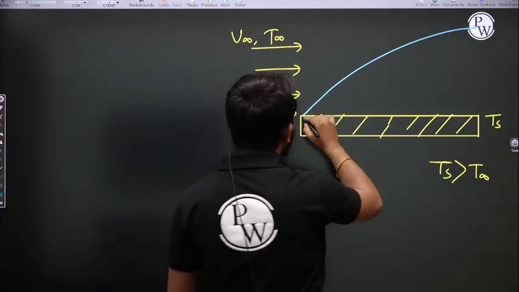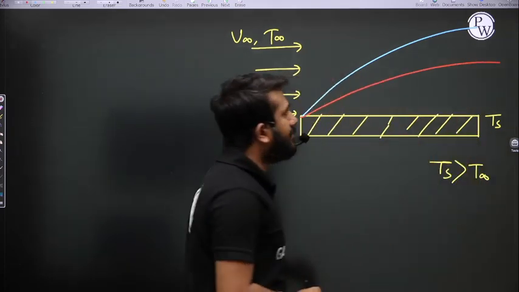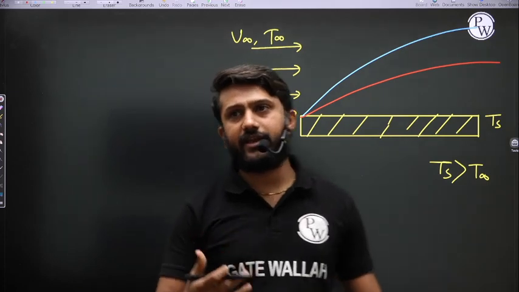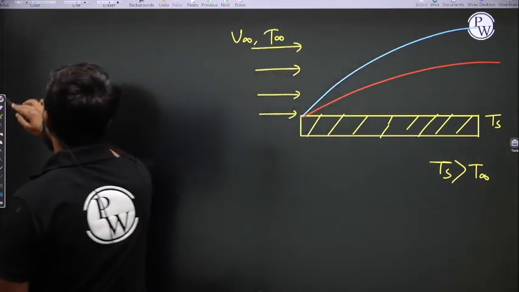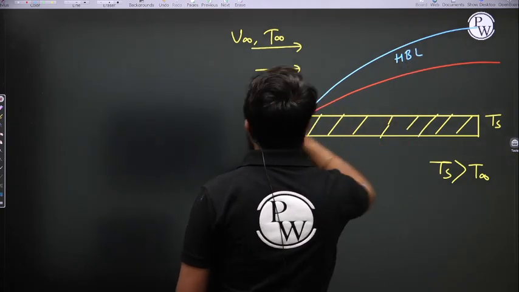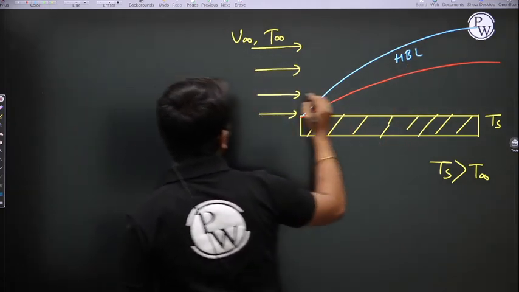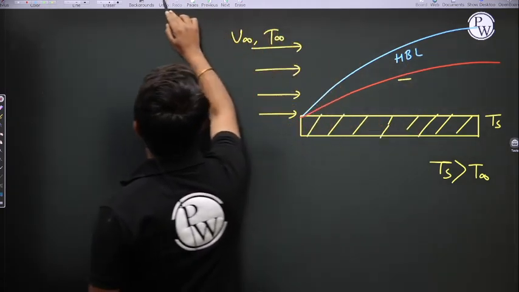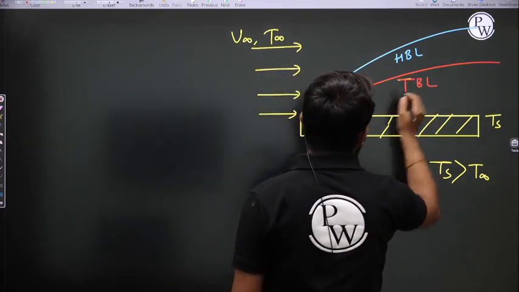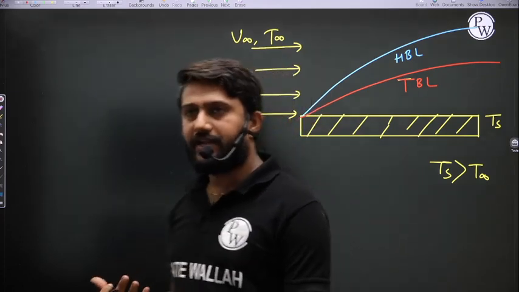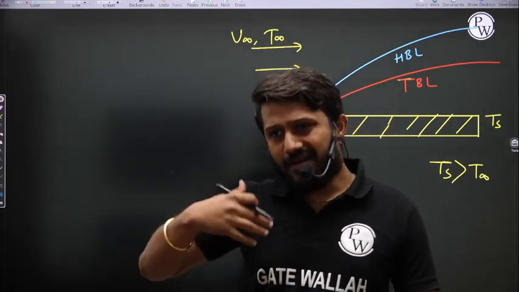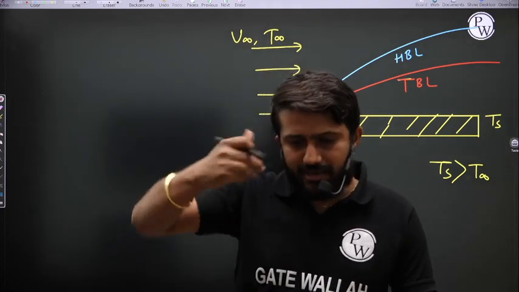So let us assume this is the hydrodynamic boundary layer, and this is the thermal boundary layer. This is one case, where the hydrodynamic boundary layer is above the thermal boundary layer.